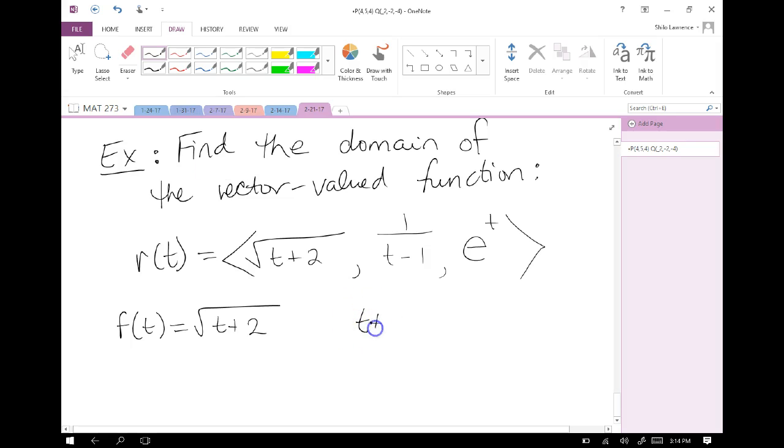We need to make sure that t plus 2 ends up greater than or equal to 0. And then we solve for t, and it tells us what values of t that piece is allowed to use. So this piece is allowed to use t values greater than or equal to negative 2.